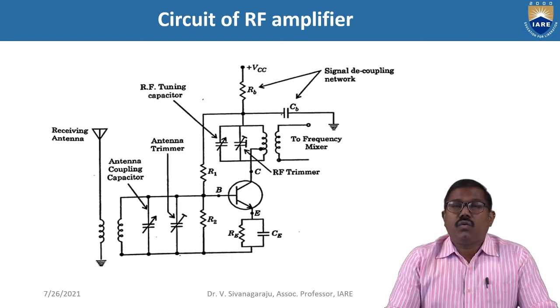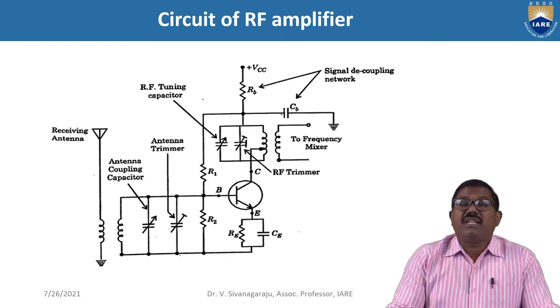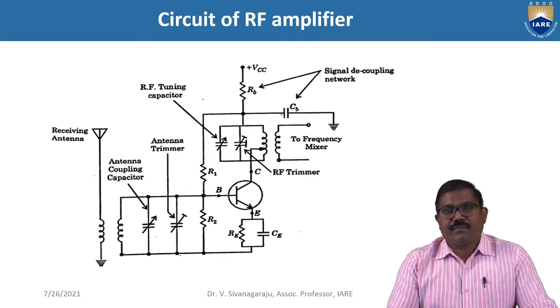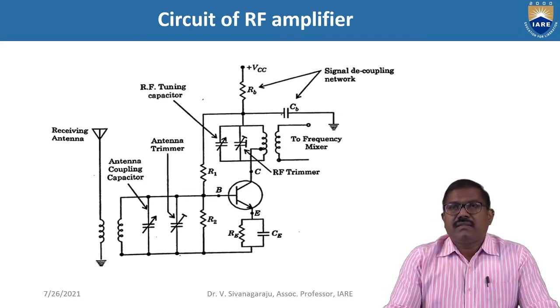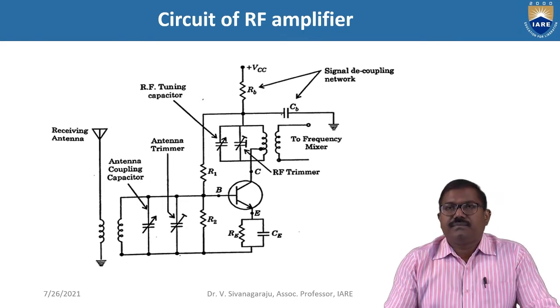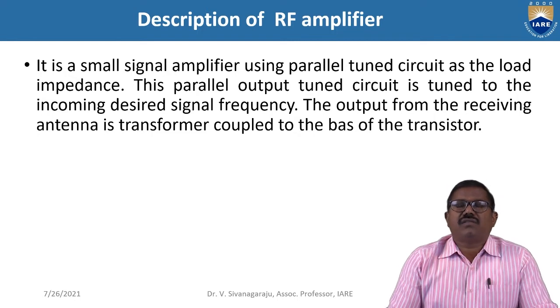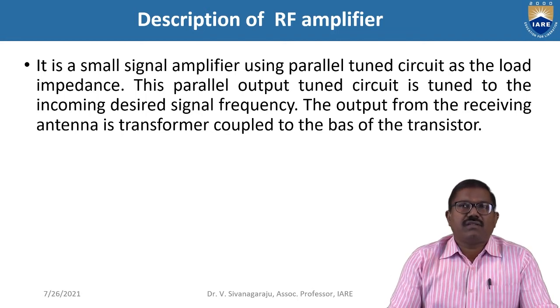Now we are going to discuss the description of this RF amplifier. Basically, this RF amplifier is a small signal amplifier using a parallel tune circuit as the load impedance.